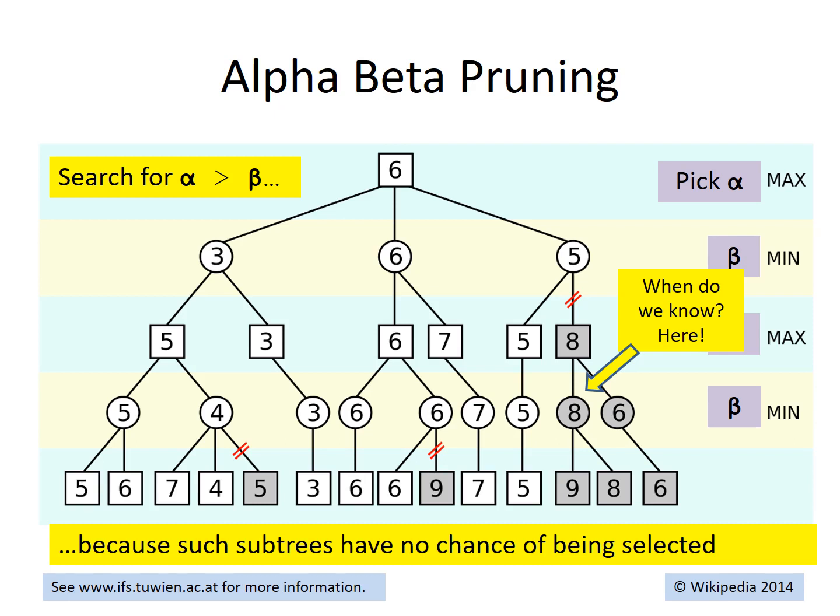What we are looking for is a situation where we already know that the maximum that you can reach is this value of 5, a relatively low value. Why? Because your opponent wouldn't allow anything else.